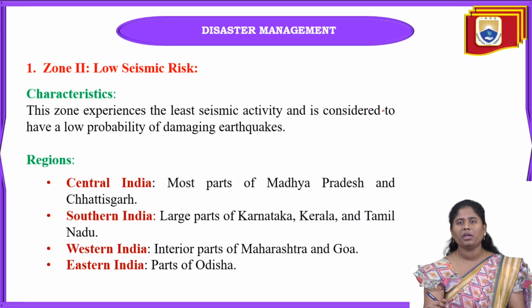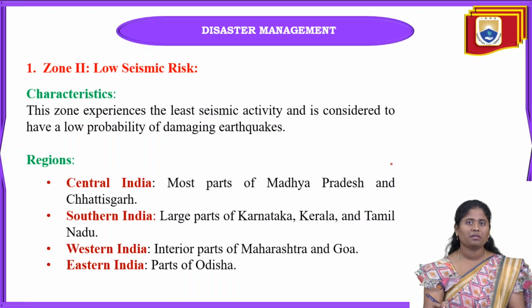It is considered to have a low probability of damaging earthquakes. If any earthquake occurs in Zone 2 areas, not so much damage will take place. Damage will not be very severe compared with Zone 5. Zone 2 has the least seismic activity. Very low seismic risk will be here.